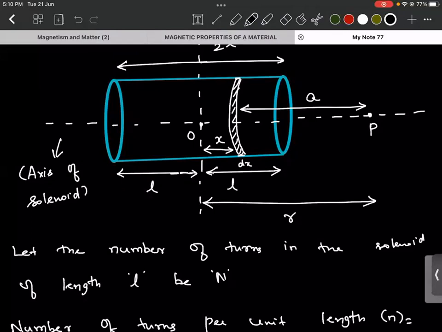How much is this a going to be? Is it not going to be r minus x? Accepted? Correct?